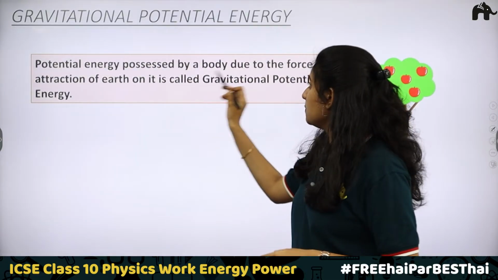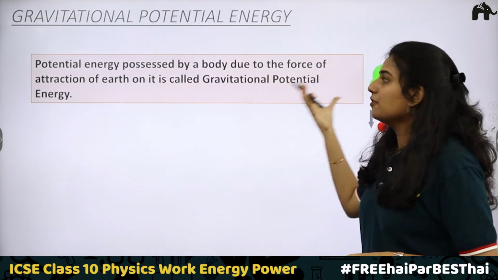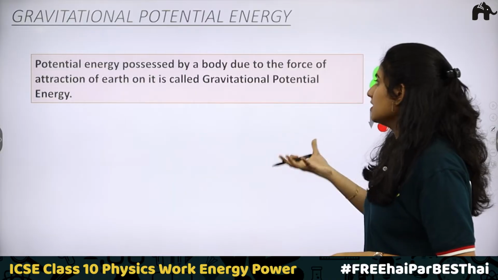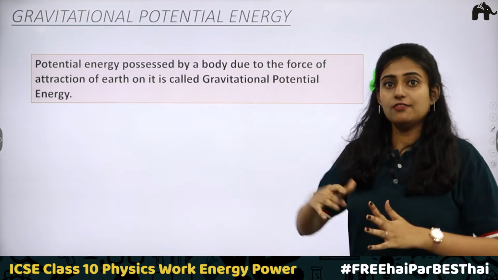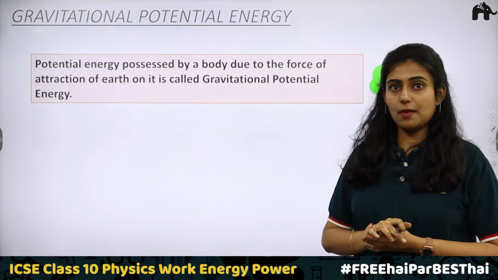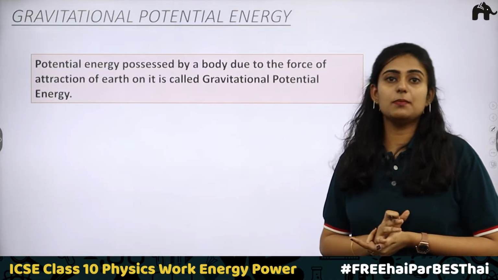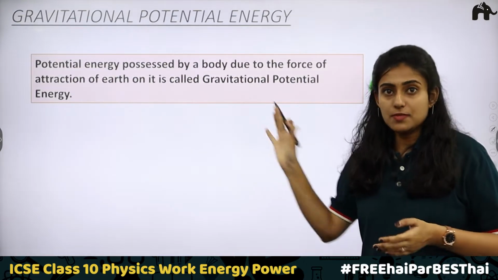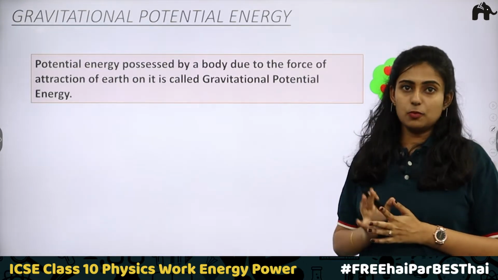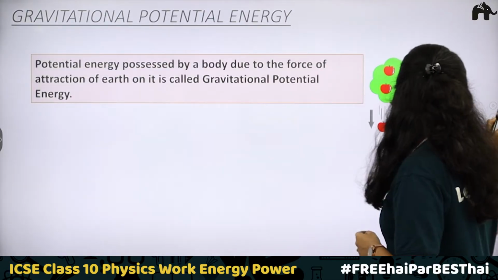Potential energy that is possessed by a body due to the force of attraction of Earth on it is called gravitational potential energy. So at infinite distance from the center of Earth, what happens? Gravitational potential energy will become equal to 0. When the distance becomes maximum, when it becomes infinity, gravitational potential energy will become 0.